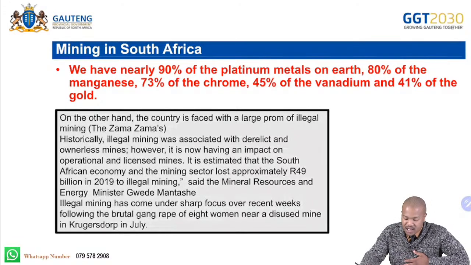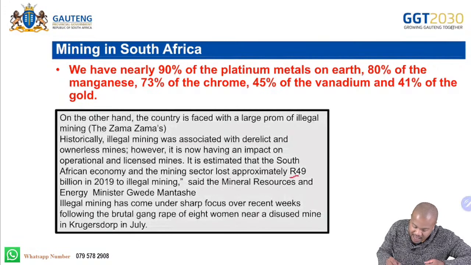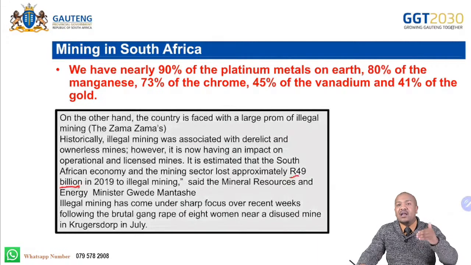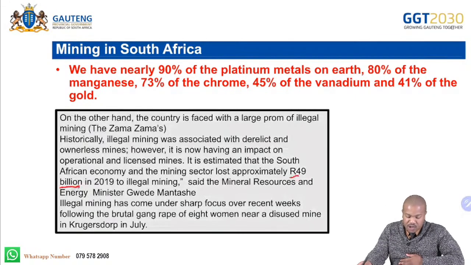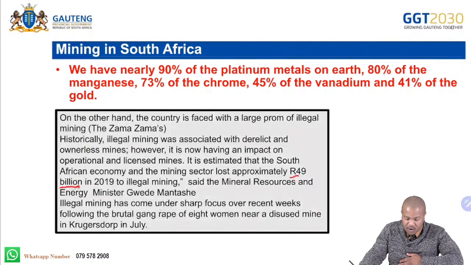It is estimated that the South African economy and the mining sector lost approximately 49 billion rands in 2019 to illegal mining, said the Mineral Resources and Energy Minister, Gwede Mantashe. Illegal mining has come under sharp focus over recent weeks following the brutal gang rape of 8 women near a disused mine in Krugersdorp in July.